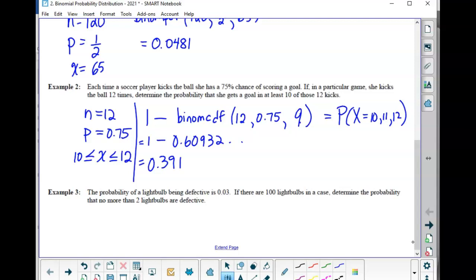Okay, next one. The probability of a light bulb being defective is 0.03. If there are 100 light bulbs in a case, determine the probability that no more than 2 light bulbs are defective. Okay, so I've got n is 100. Probability of being defective is 0.03. And we want the probability that no more than 2 are defective. So that means we want the probability of 0 defective, 1, and 2.